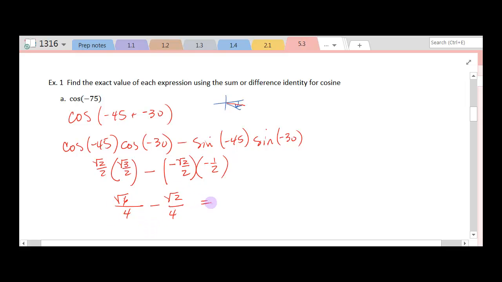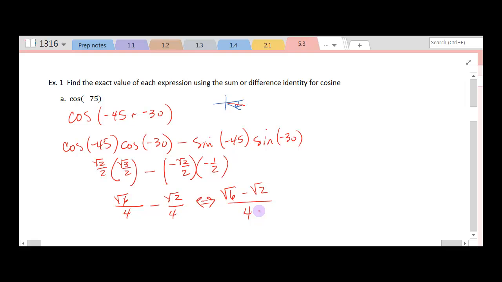You may see it written with a combined denominator, the square root of 6 minus the square root of 2, all over 4. Both of these answers are the same. Because the square root of 6 and the square root of 2 have different values underneath the radical sign, I can't combine them. They are not like terms. So this is the solution.